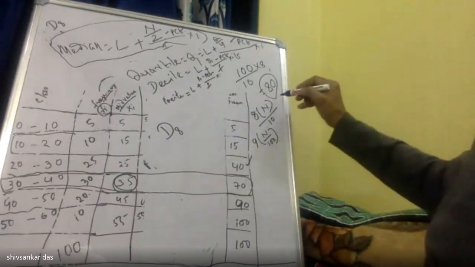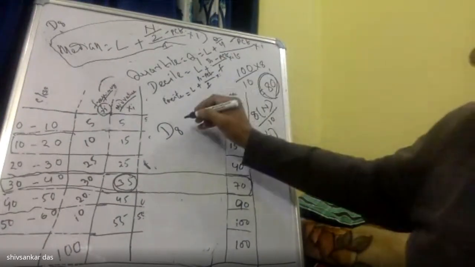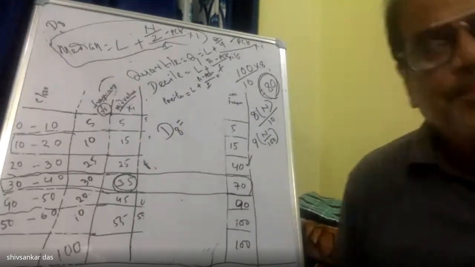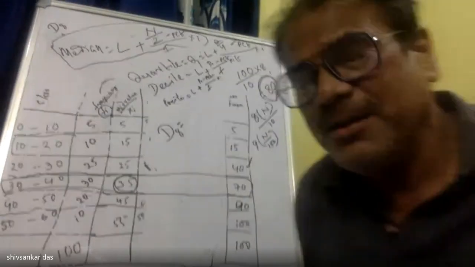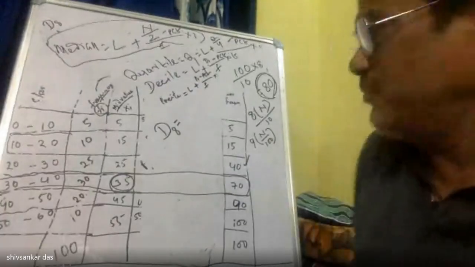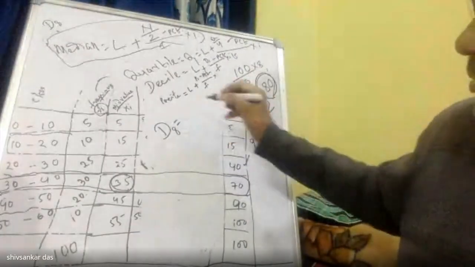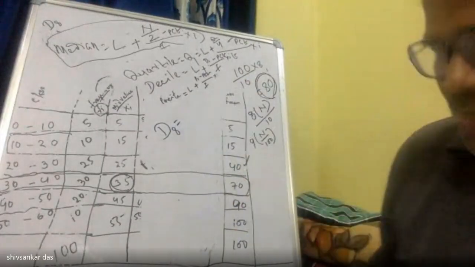So calculate D8. What should the formula be? What shall I write here?